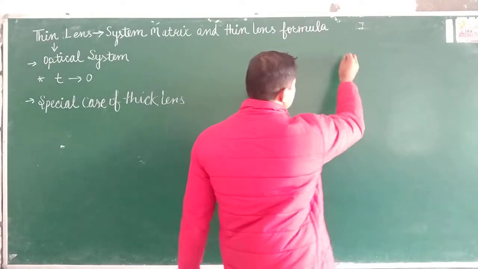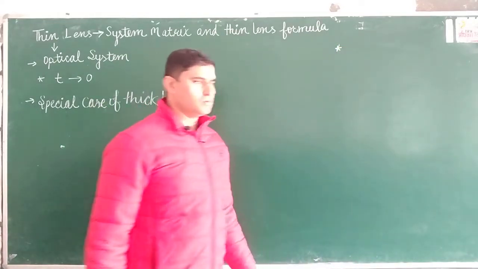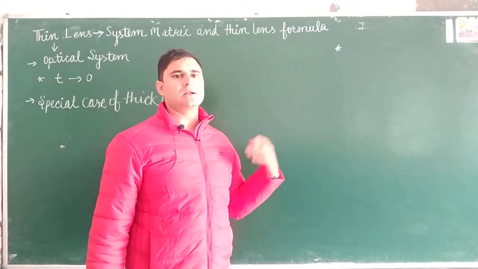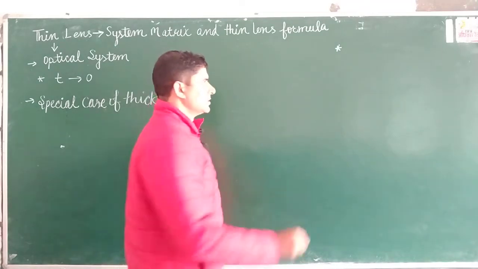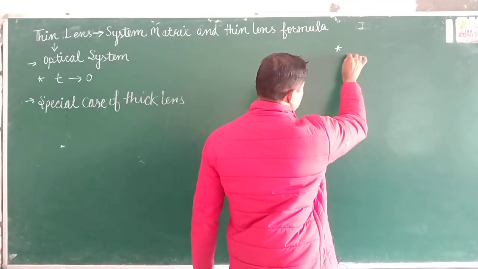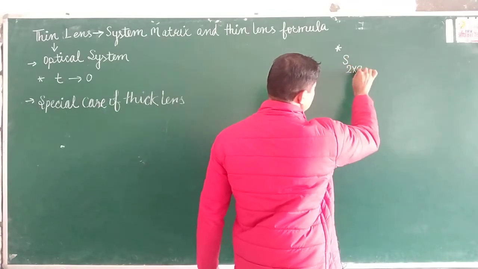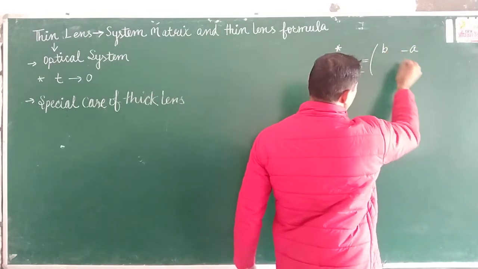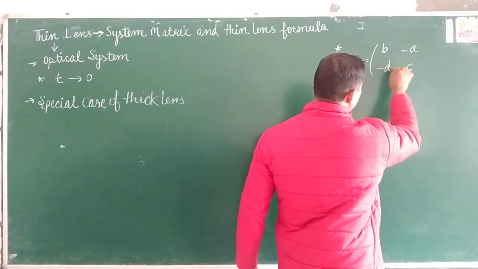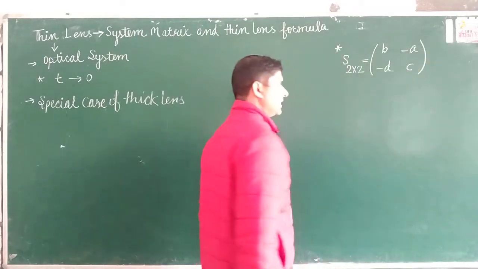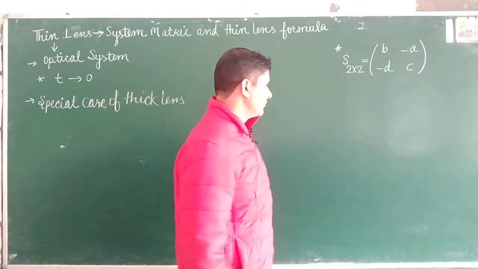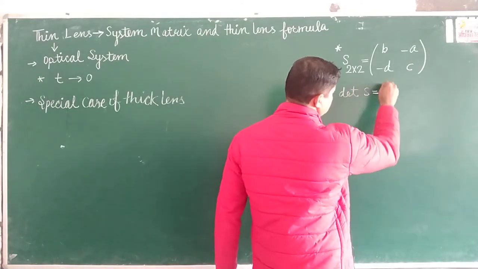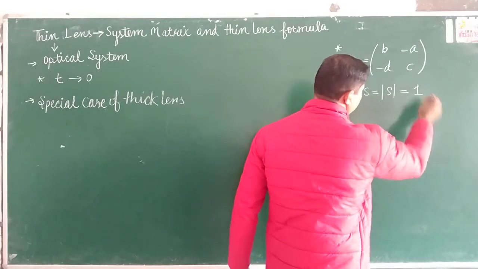So firstly, let me remind you, we will make use of some equations which we have obtained in the lateral magnification video lecture, and there we have discussed that the system matrix is a 2 cross 2 matrix which is made up of 4 elements A, B, C and D. We have taken A and D negative for our convenience, and the determinant of this system matrix S will be equal to unity.